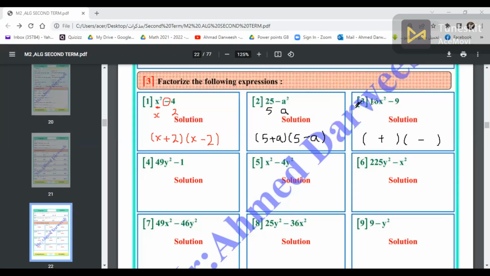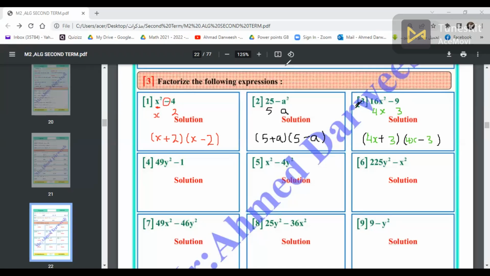Yeah, so the square root of this one is 4x, right? 16, its square root is 4, and the x squared is x. What about the 9? Of course, it's logic, it's very simple, it's a 3. Now we write here 4x and 4x, 3 and 3. Yeah, very simple.